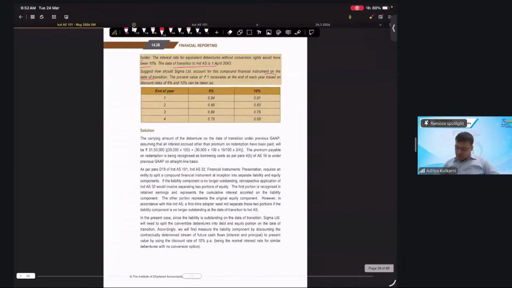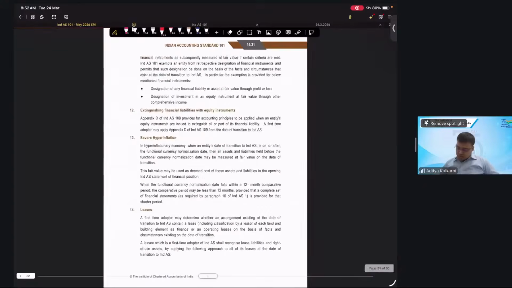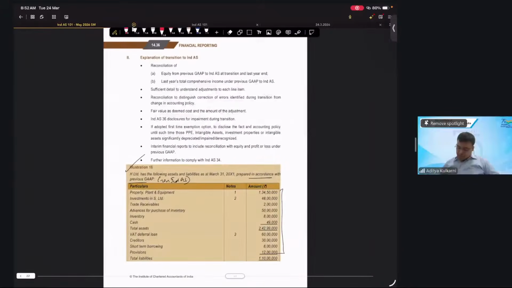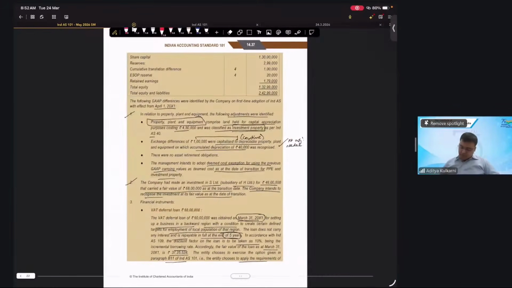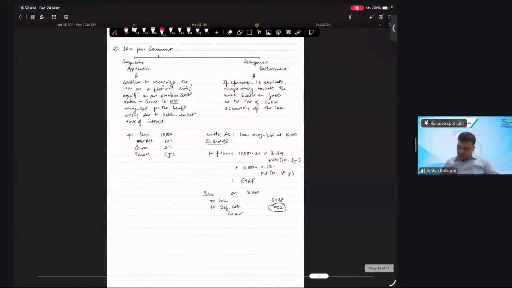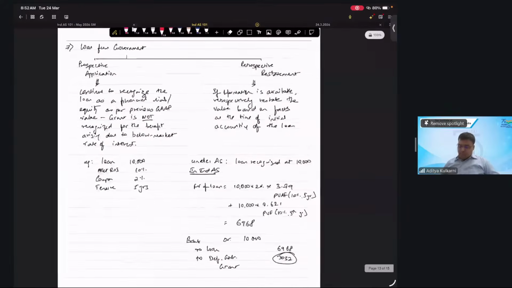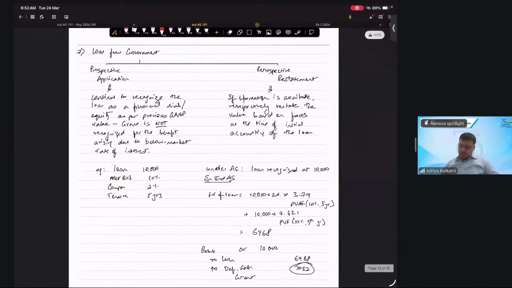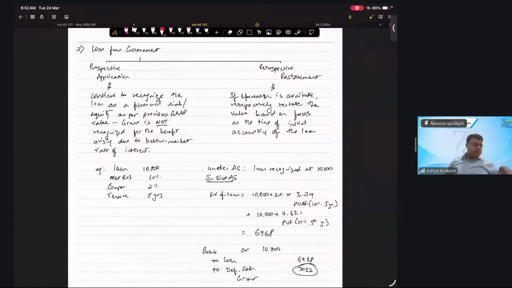What is this illustration 16? Okay. Now, loan taken from the government.